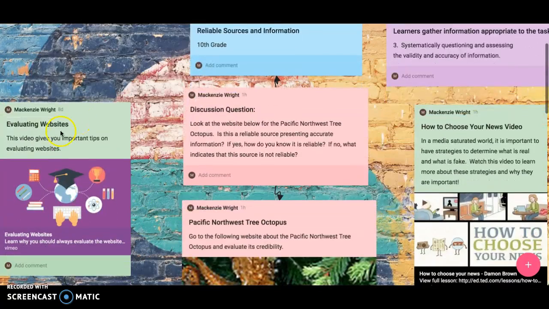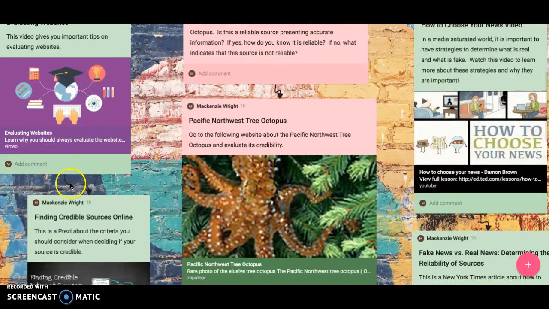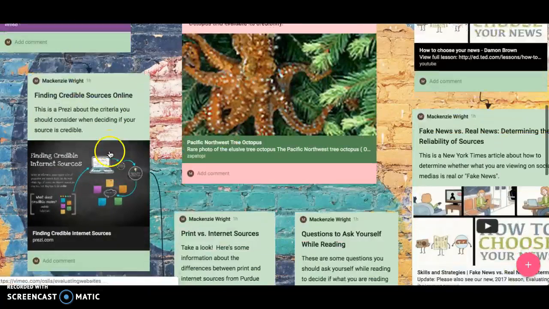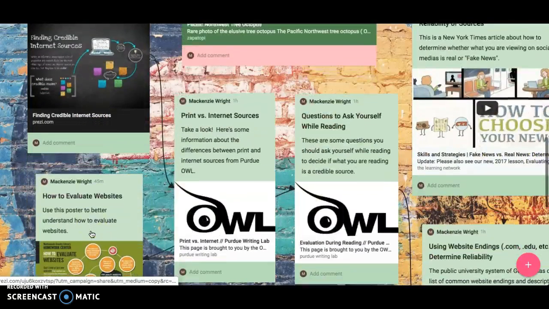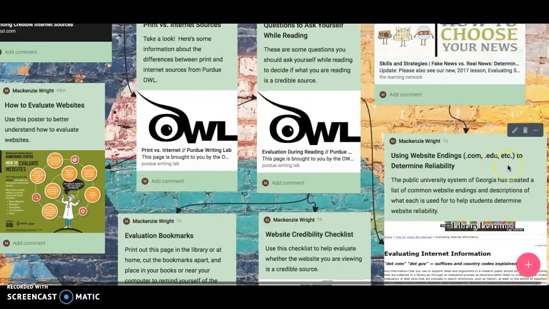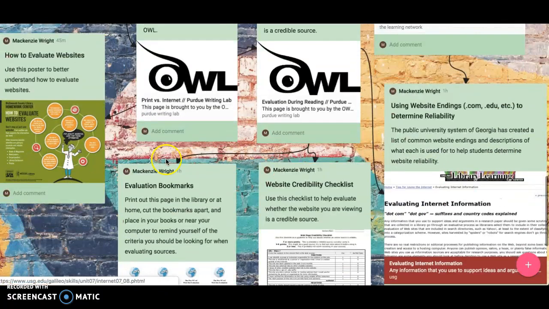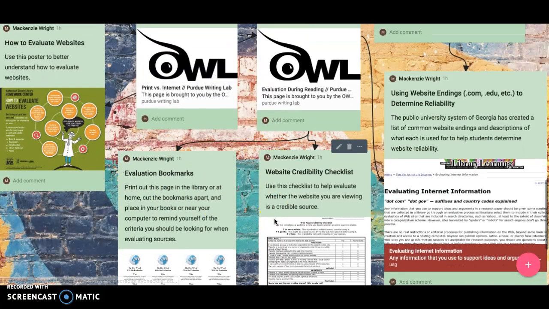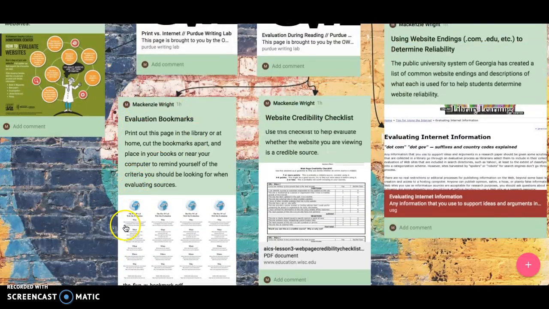If you start from the left-hand side of the screen and follow the pathway designated by arrows, you will find a video, an interactive presentation, 2 articles about tips and indicators for assessing websites from Purdue, a list of website endings such as .com, .edu, and .org with brief descriptions, and 3 printable resources that you can print at the library or at home to keep alongside you when evaluating sources. There is a poster handout, a bookmark, and a website credibility checklist.